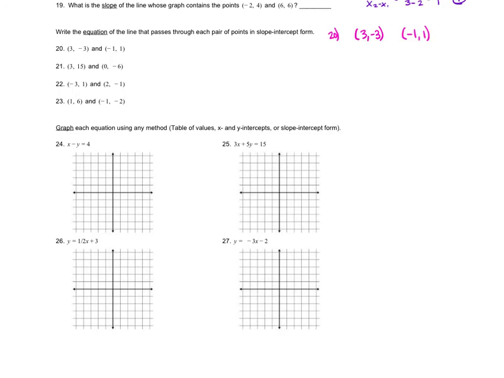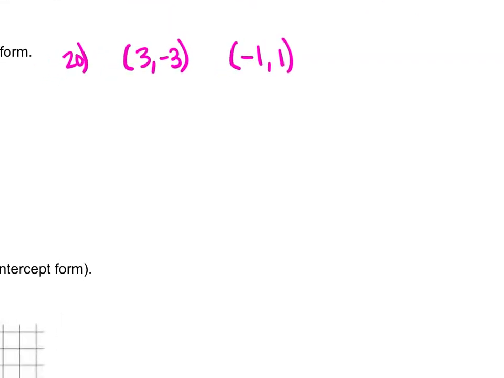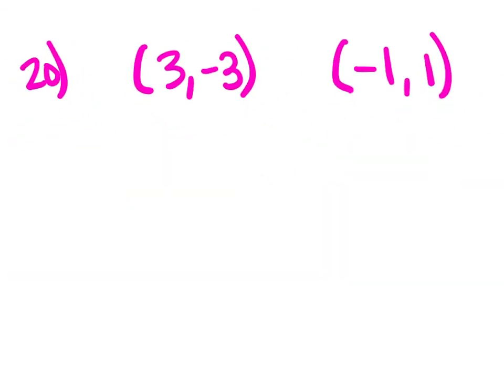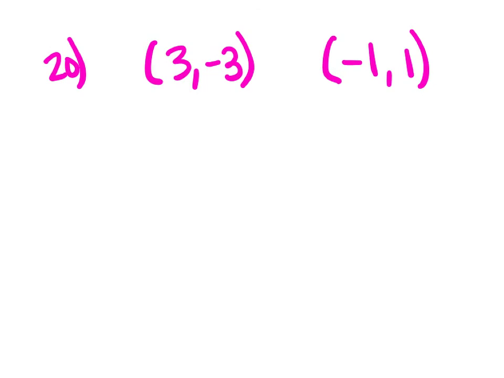For numbers 20 through 23, it says write the equation of the line that passes through each pair of points in slope-intercept form. So we're not just finding slope, we're writing an equation. So to write an equation, we start with slope. So we have x sub 1, y sub 1, x sub 2, y sub 2. And so first we're going to find slope.